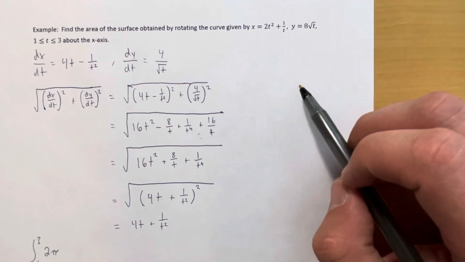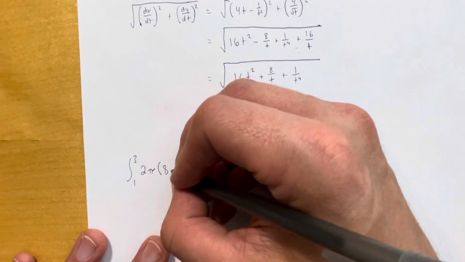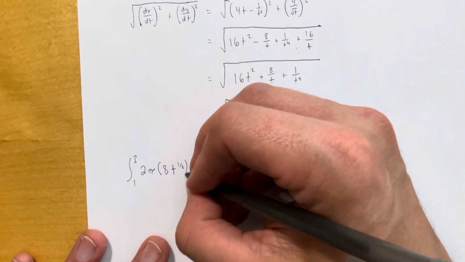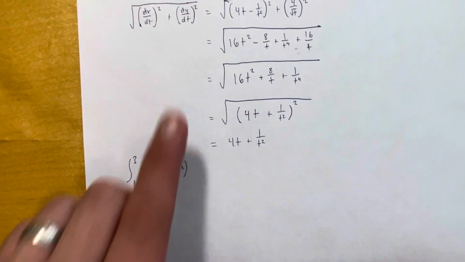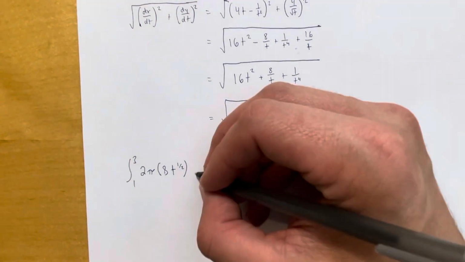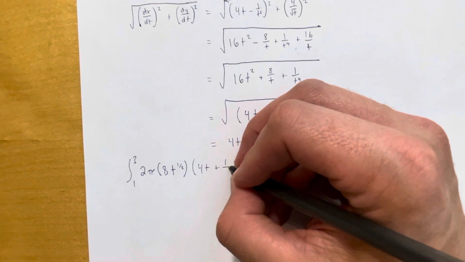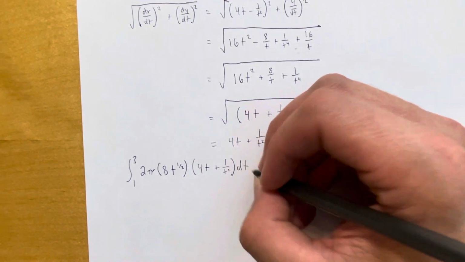So it's 8 times the square root of t, which I'm going to write as 8t to the 1/2 power. Okay, and then we need to multiply that by that big square root that we just simplified down to this. 4t plus 1 over t squared dt.